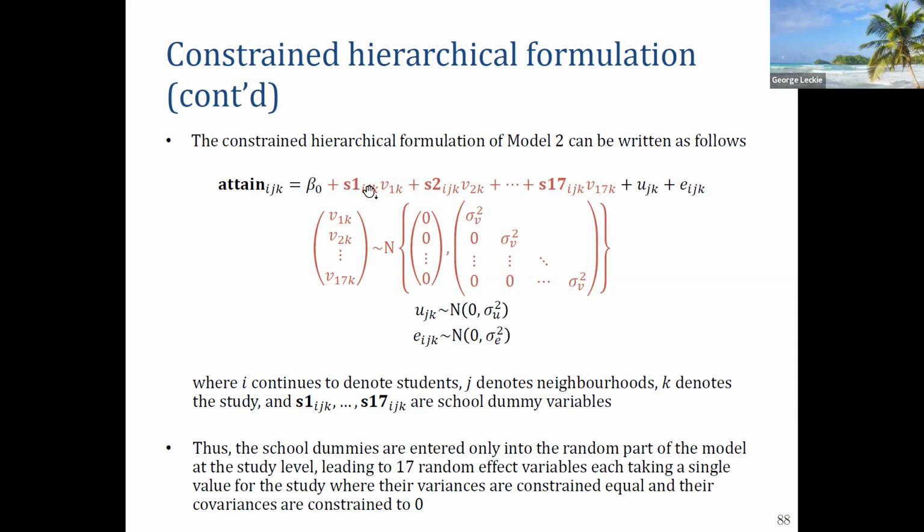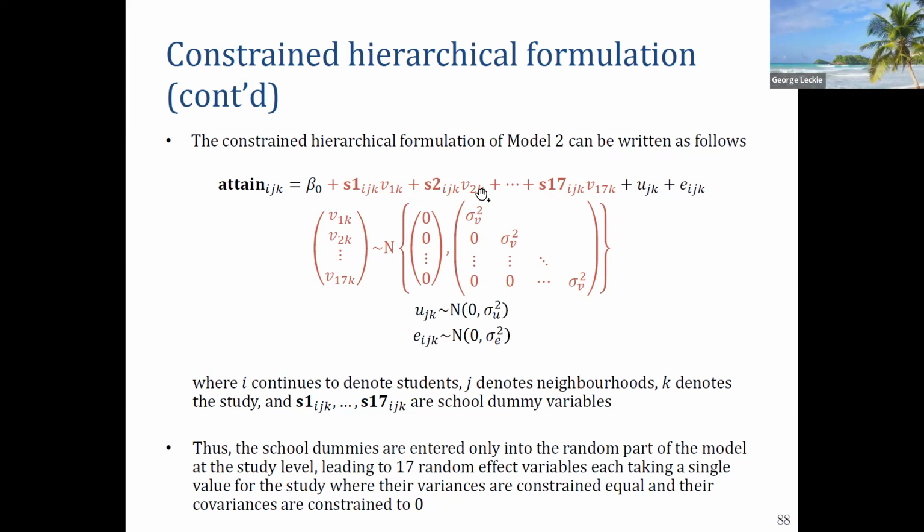Instead, what we do is we make them random at level 3. Yeah. What is level 3? Scotland. Okay. So V1K, V2K up to V17K, these are 17 school effects, 1 for each school, but they're random effects. Yeah. And the K subscript is always Scotland. So the V1K, there's only 1 value there.